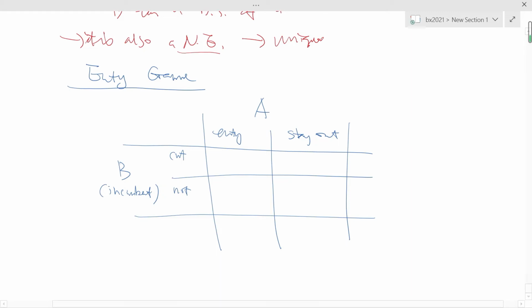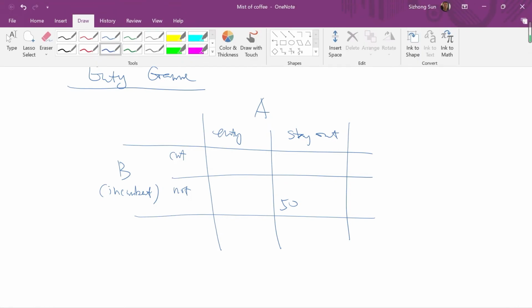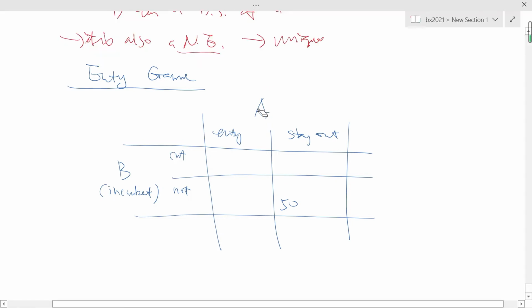Okay, if A stays out and B, the incumbent, does not cut price, B's monopoly profit is 50 and A's profit is 0.